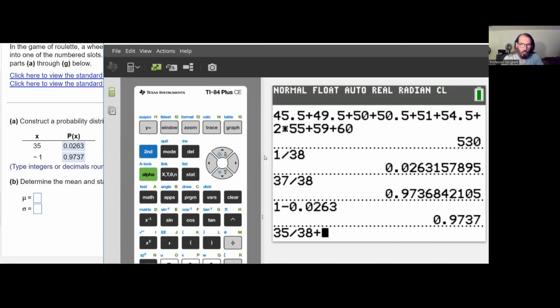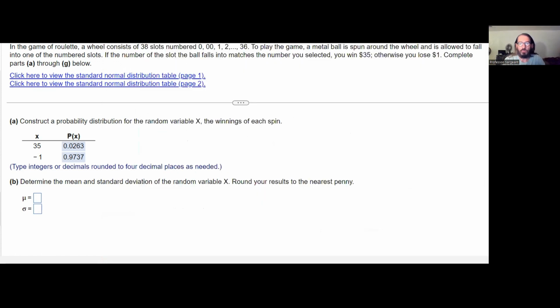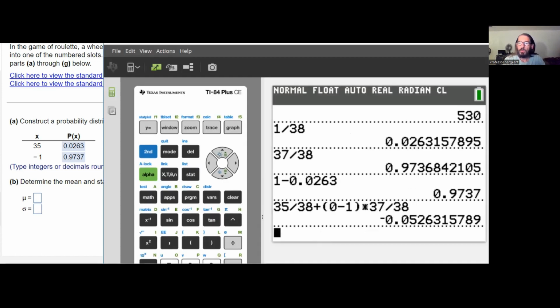So I'm taking score times probability of that score. I can't get to my negative sign here, so I'm going to work around that. That was happening 37 out of 38 times. Now, they may want us to have used the rounded stuff, but let's see what happens. Round to the nearest penny, so that would round down. I would expect on average to lose 5 cents.